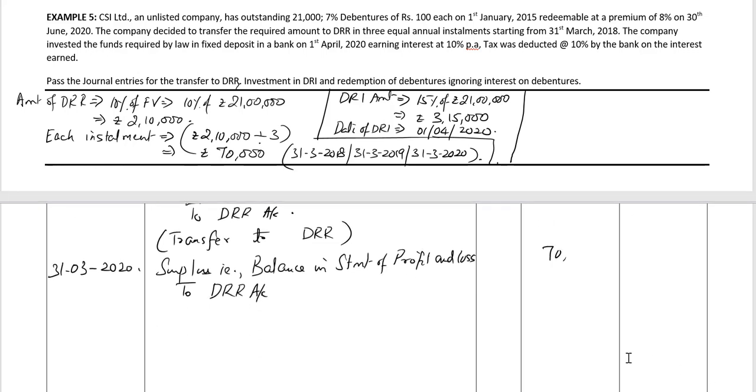The third installment transferred 70,000 rupees for transfer to debenture redemption reserve.